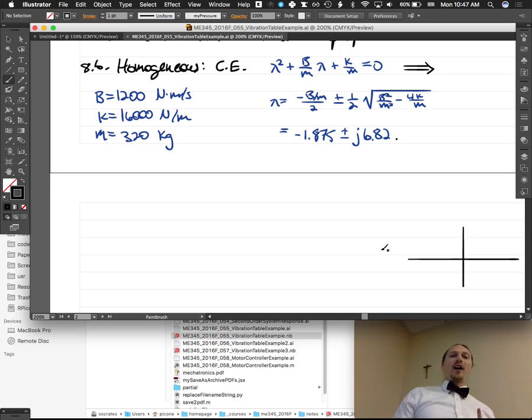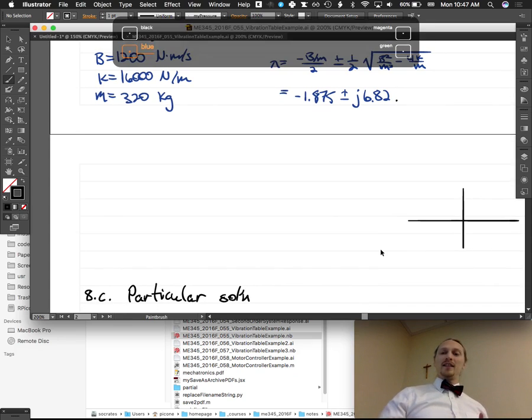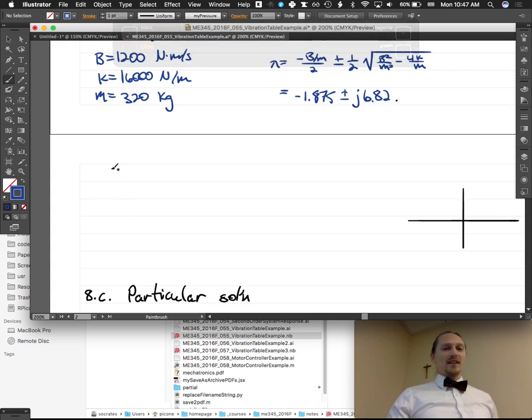Okay, so our homogeneous solution then is V_m homogeneous of t equals C1 e to the lambda 1, so there's a plus side and a minus side, right?